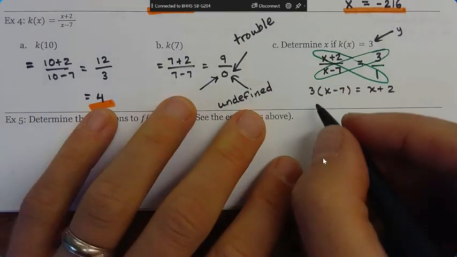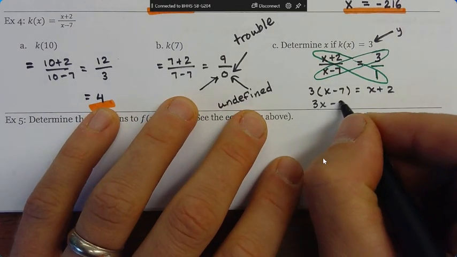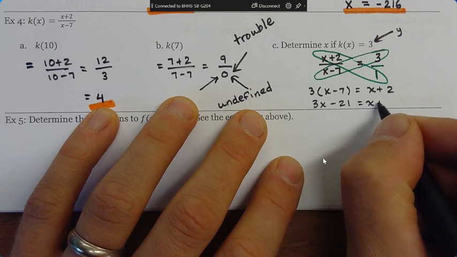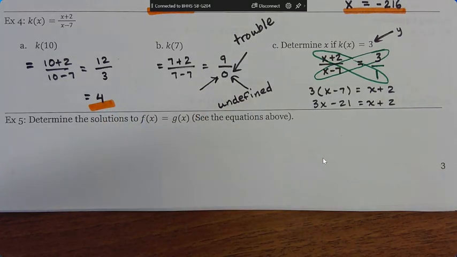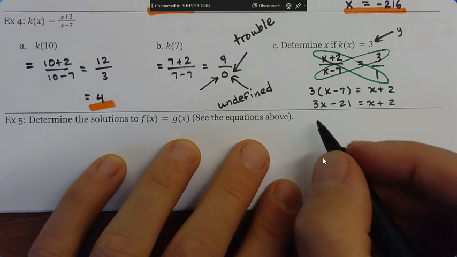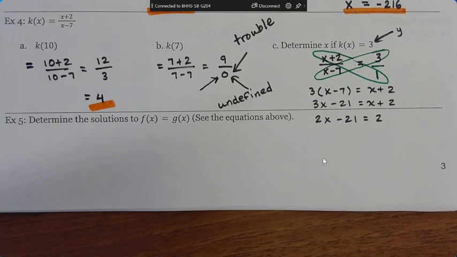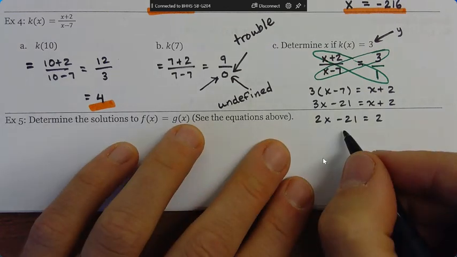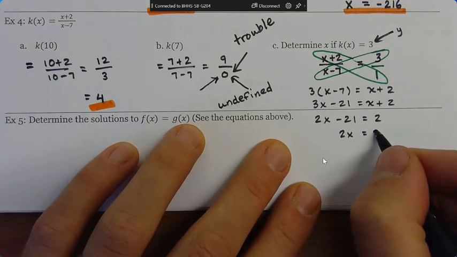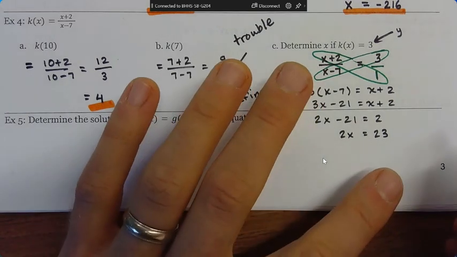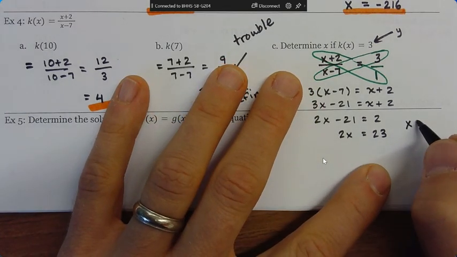And then you just solve that equation. 3x minus 21. Take x away from both sides. 2x minus 21 is 2. 2x is 23. So x would be equal to half of 23.